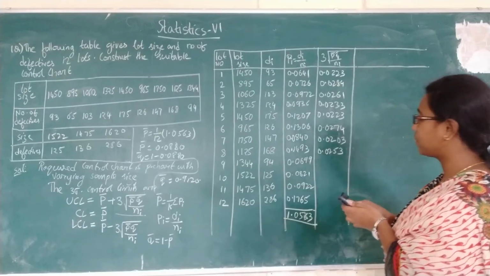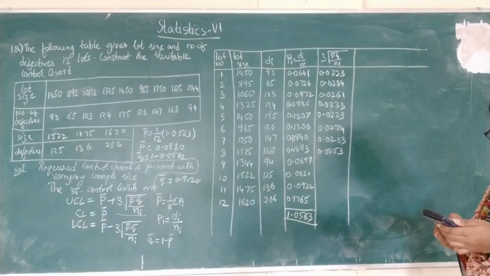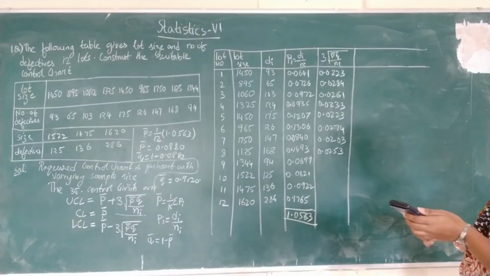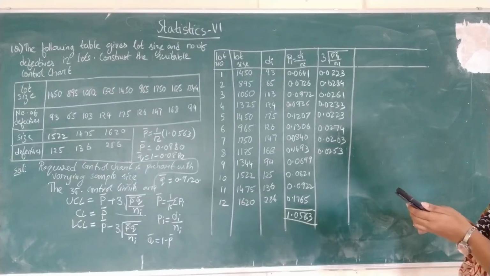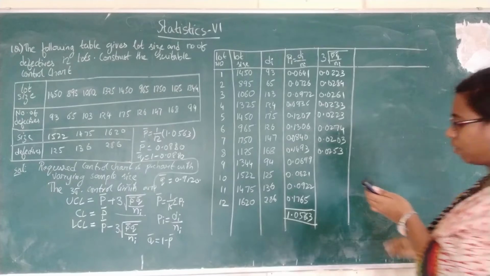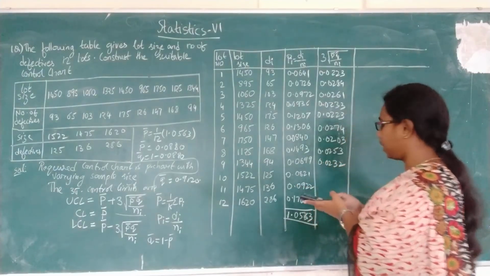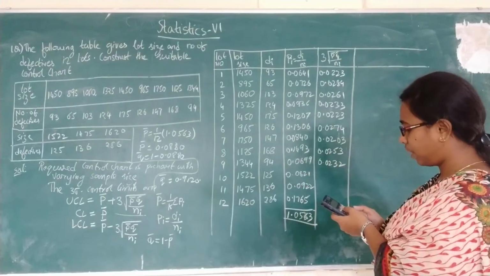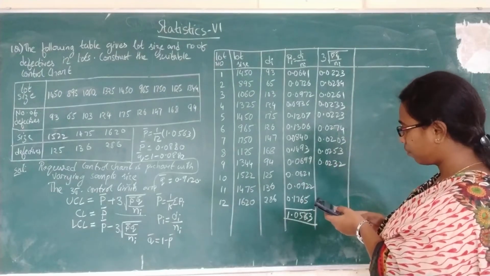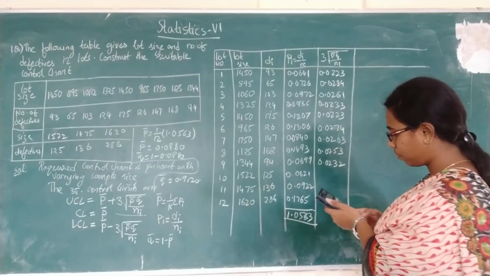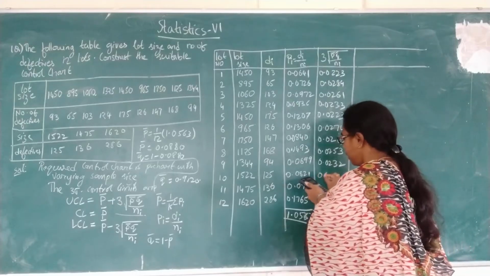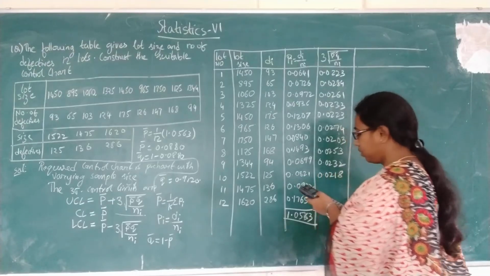1125 is finished. Next value is 1344: 0.0232. Next is 1522: 0.0218.